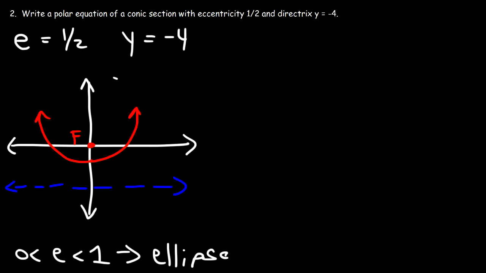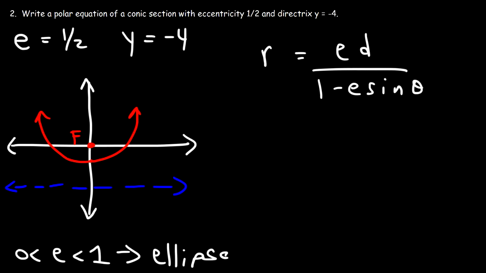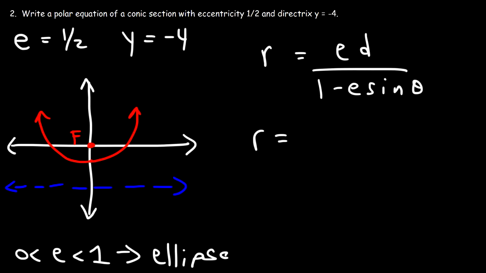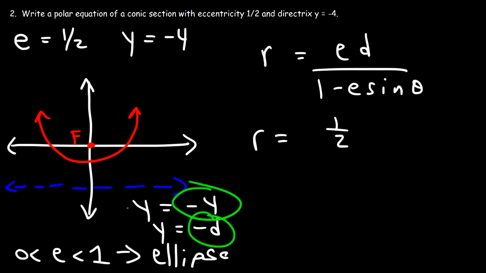Now for this particular type of shape, the equation that we need to deal with is ed over 1 minus e sine theta, because the directrix is below the pole. Now e is 1/2. Now what's d? This equation is y equals -4. And for this particular type of shape, the directrix is y equals -d. So we could set -d equal to -4.